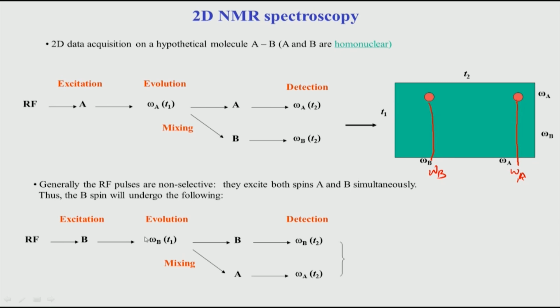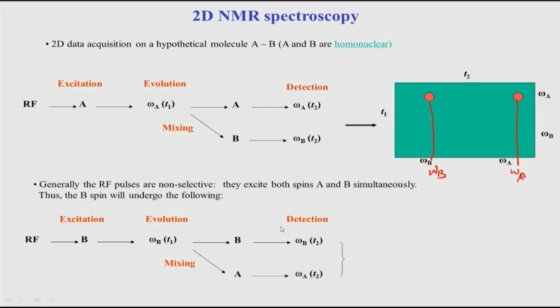Now, again during evolution in T1, B is evolving because we have excited B, and B is transferring partially to A, but it may keep something on its own because the efficiency is never going to be 100%.